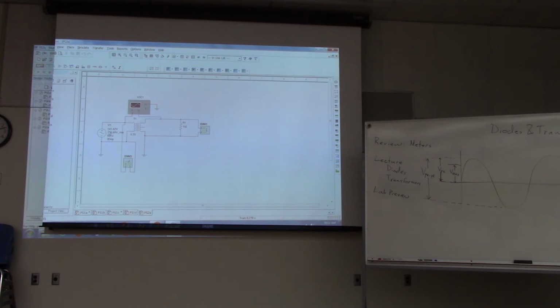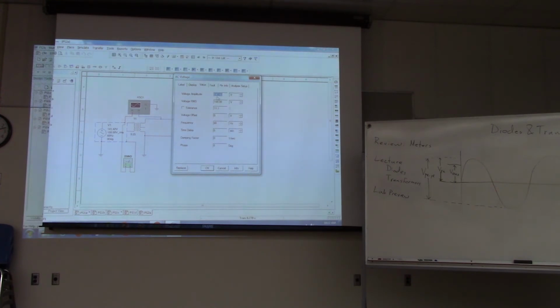So if you were to open this voltage source up, you can see that you can specify the RMS voltage or the peak voltage up here. But they're linked together, right? So if I change one, the other one changes automatically. Because they're related by that formula, you can't change them independently.